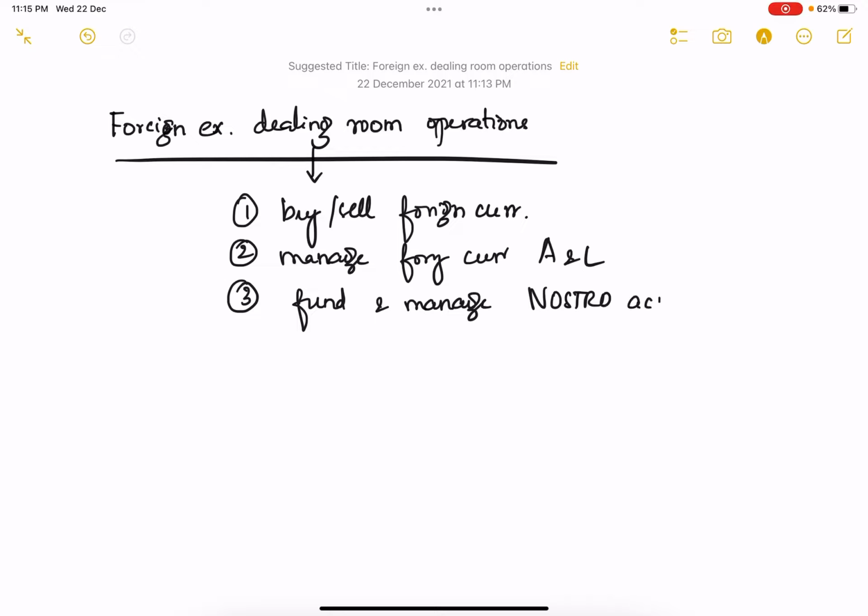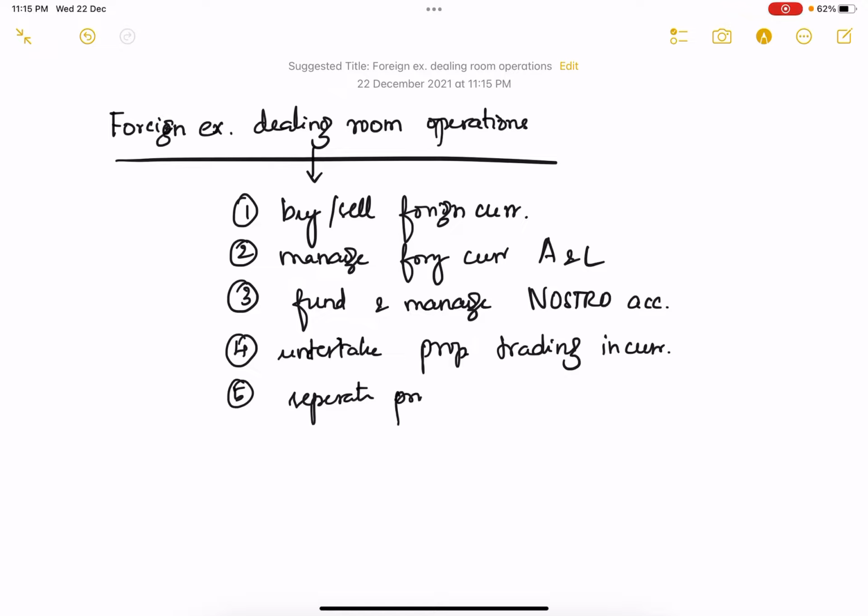A nostro account is nothing but my account in a foreign country. It also undertakes proprietary trading in currencies, and it acts as a separate profit center for the bank or the institute.